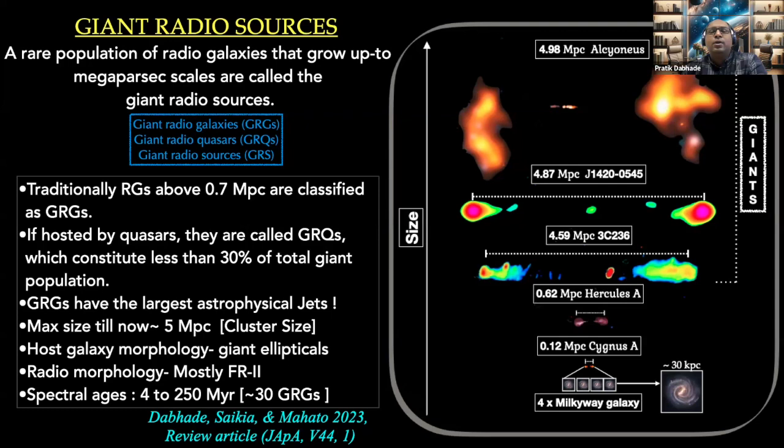It is not a super accurate method to determine the actual age of the galaxy, but it tells you how long the emission has been present, or how long that activity has been going on, from just the radio data. But that has been limited to a very handful of GRGs because we require an enormous amount of multi-frequency radio data to do that kind of analysis.